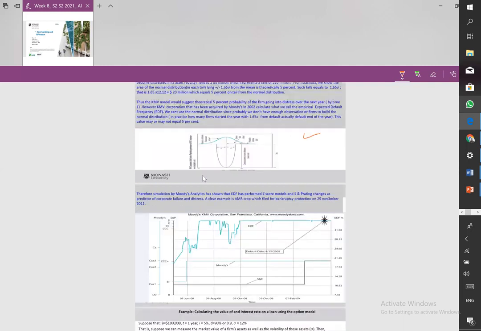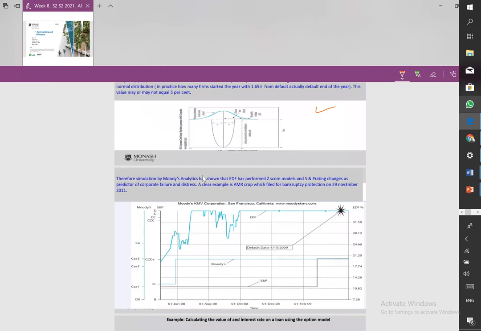Because if you take this model, for example, this company, this is the rating of Moody's, and this is the rating of S&P, and this is the EDF, expected default frequency. So if you can see, Moody's was saying this company, this is a real example, is B.